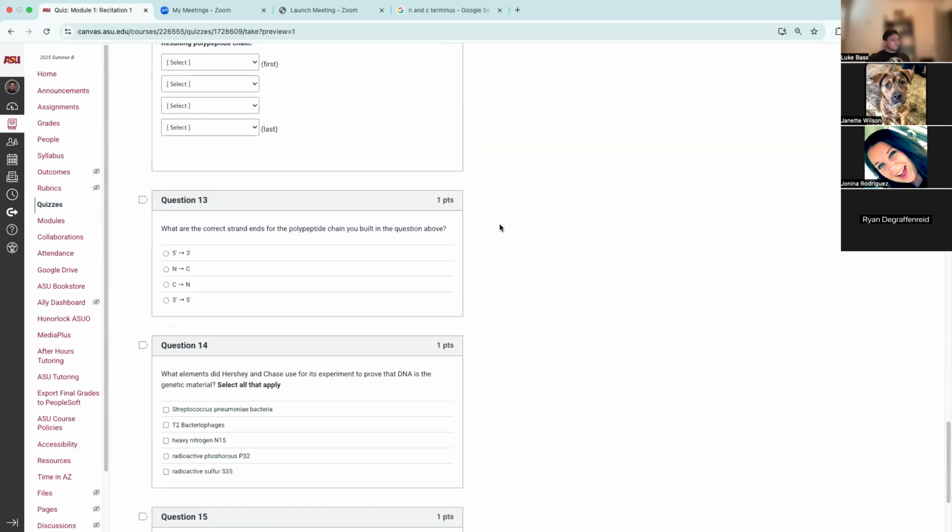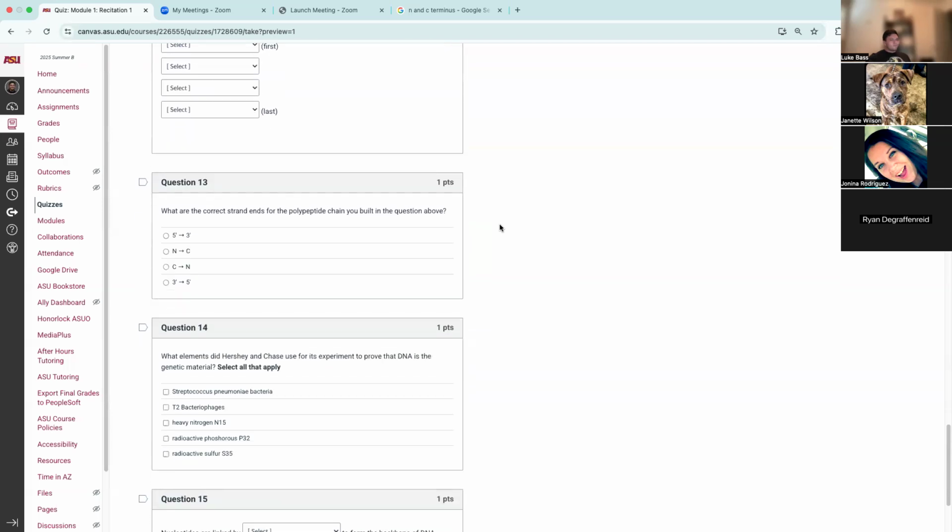That sounds good. I don't know if I'm just not looking at the right spot, but I didn't see that in the video or in the little one where you do the quiz where she goes over it. I didn't see anything about the polypeptide chain ends and what they're called. Gotcha. Yeah, no, that's okay.